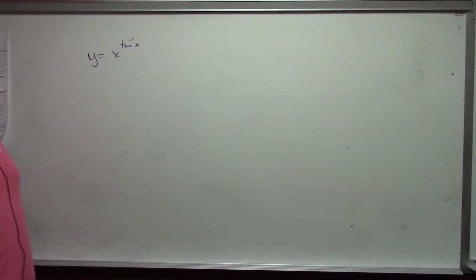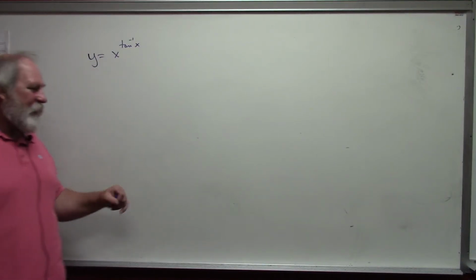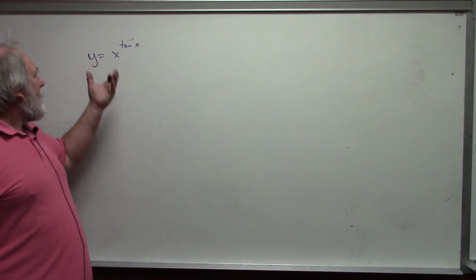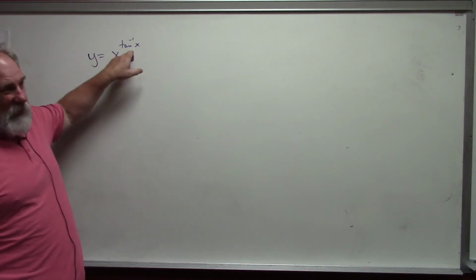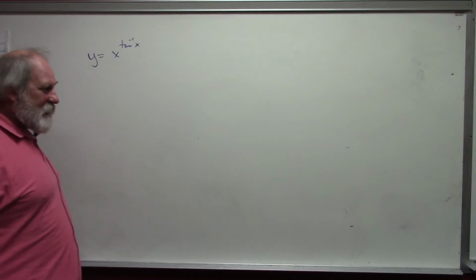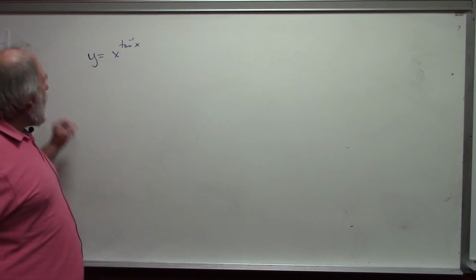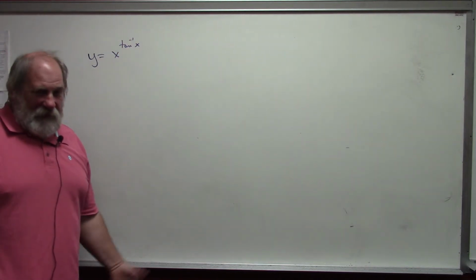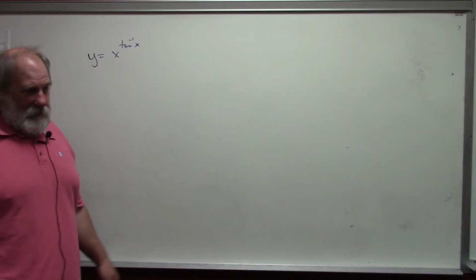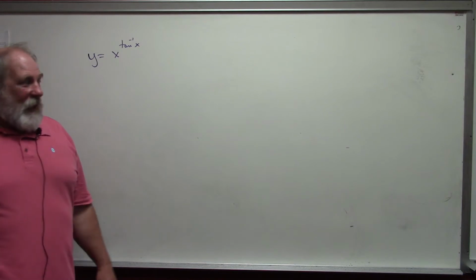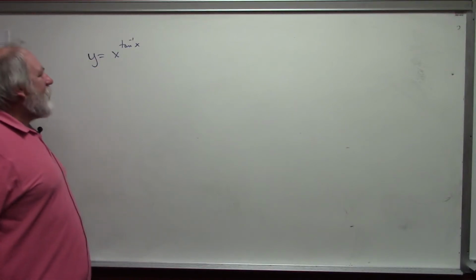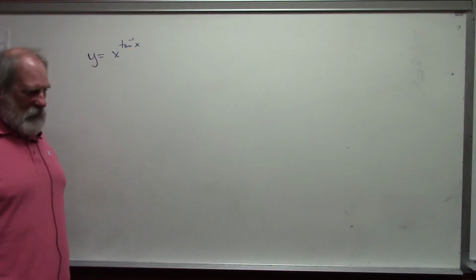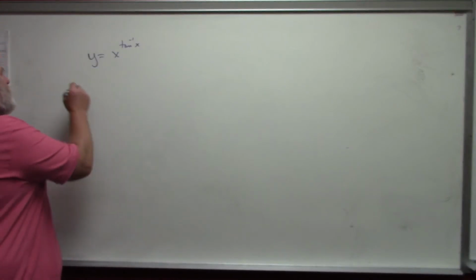This is not a power function where I have a variable in the base and a number as the exponent. It is not an exponential function where I have a number in the base and the variable in the exponent. In this case, I have variables in both places. So we have to do this a different way. The only way you can take this derivative is using logarithmic differentiation.